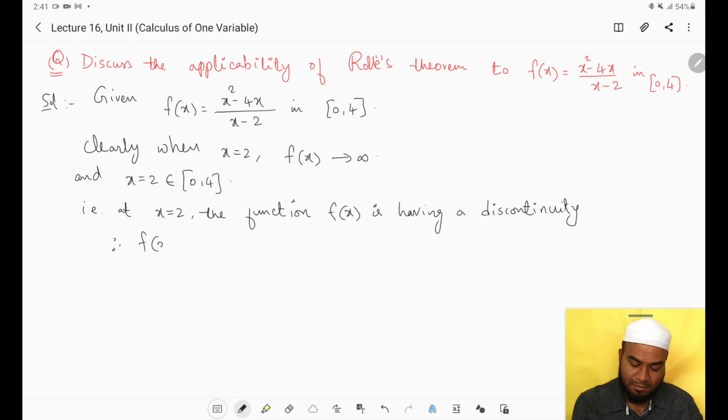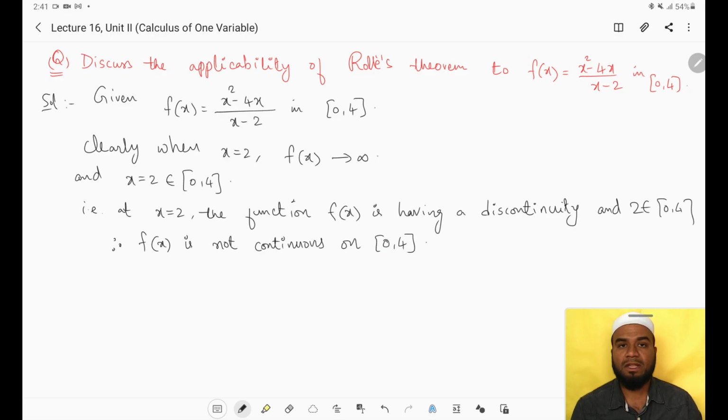And that 2 belongs to the closed interval 0 comma 4. Therefore f of x is not continuous. What we can say is, f of x is not continuous on the closed interval 0 comma 4.